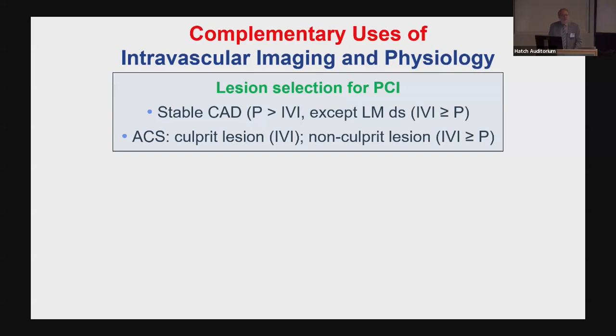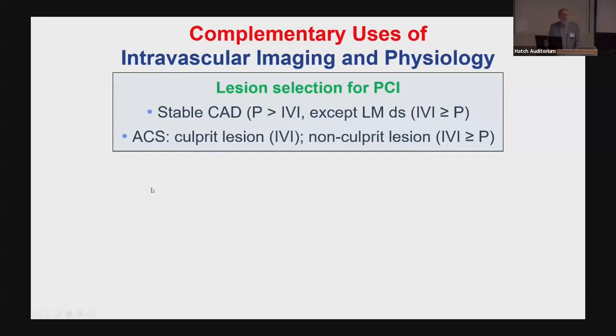And for lesion selection for PCI, in general, for stable coronary artery disease, physiology is the king. It's kind of the gold standard. That's the P here. And it's used more than intravascular imaging, except possibly for left main disease, where intravascular imaging is at least as good as physiology.